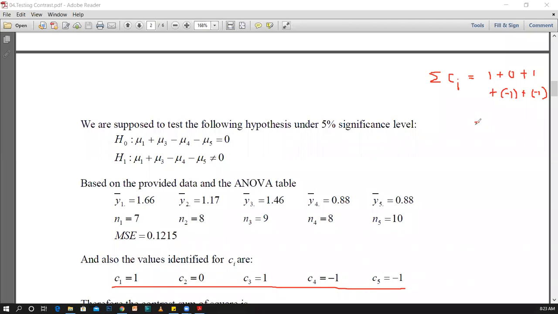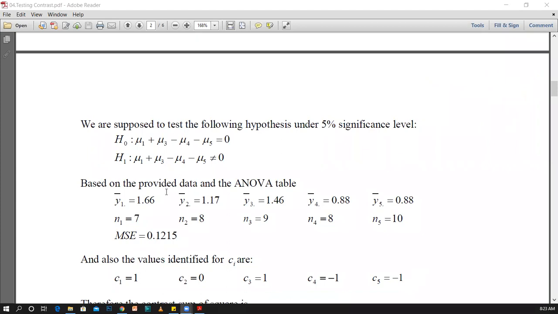At the end you can see that the summation of Ci values is 0. Therefore, we can say that this is a valid contrast, because the summation of Ci values is equal to 0. If there is any doubt whether the contrast is correct or not, you can check just by adding the Ci values together. The summation of Ci values should be equal to 0.